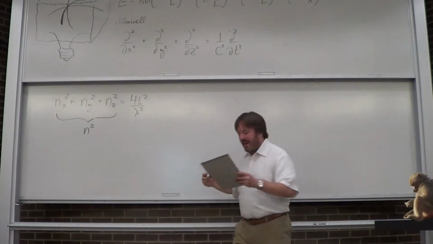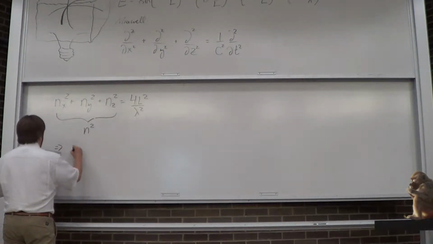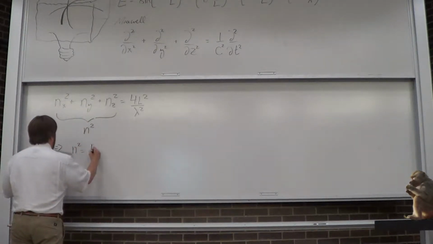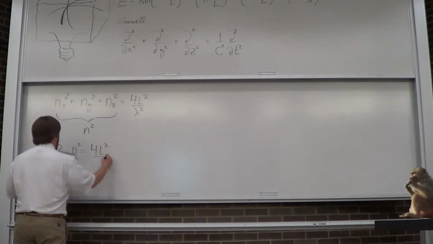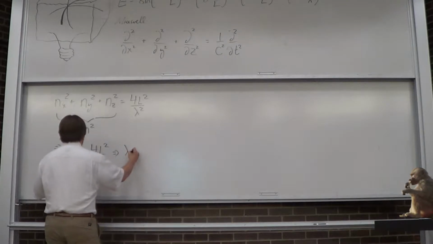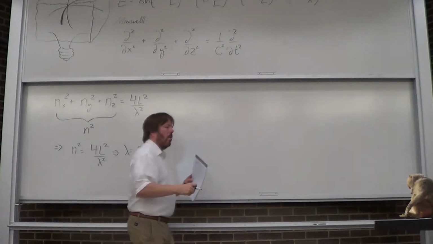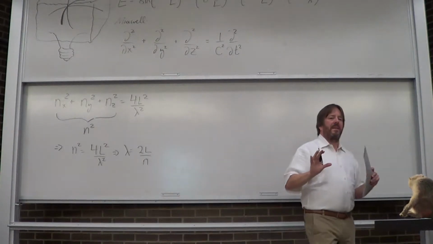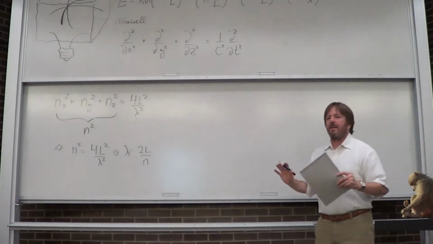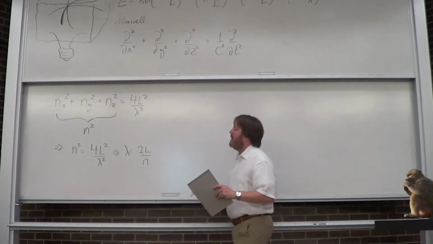Now what's nice about that is that now I can do this. N squared is 4L squared over lambda squared, and therefore lambda is 2L over n. So what's cool about this is that I can take these three-dimensional waves and give them an n.